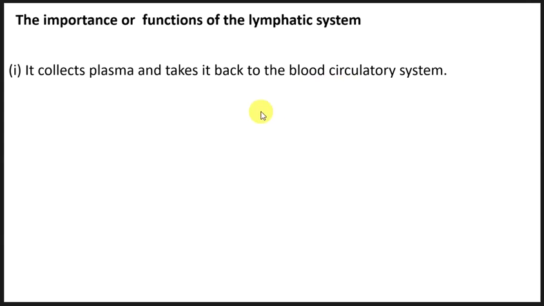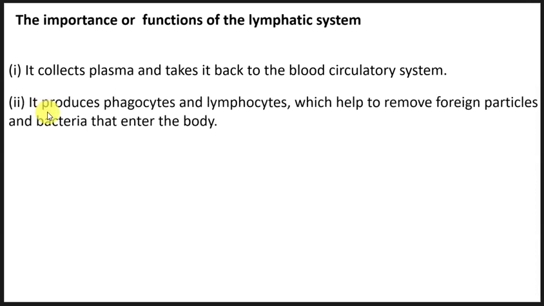Number two, it produces phagocytes and lymphocytes, which help to remove foreign particles and bacteria that enter the body. These phagocytes and lymphocytes are the two types of white blood cell which help to fight against disease.